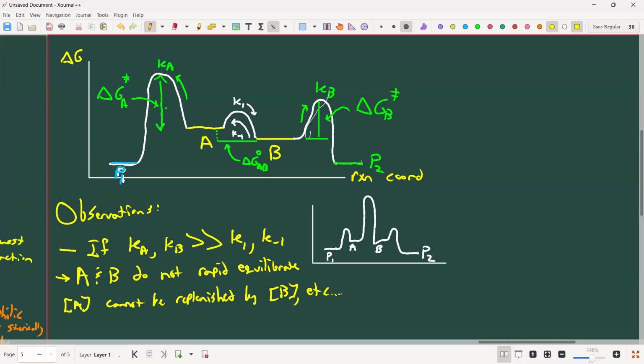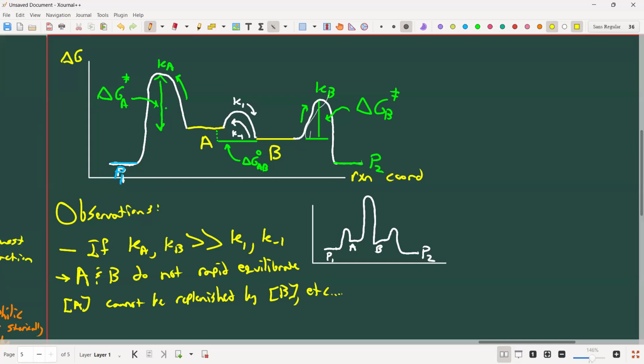I mean, we do have competition between A and B, but it takes a really long time for A to become B. So imagine that A reacts very quickly and forms P1. I'm constantly losing A's, and the B's are never coming over this barrier. So the rate of isomerization from B to A is very slow. So the concentrations of A and B are constantly changing and depleting as the reaction goes to completion.